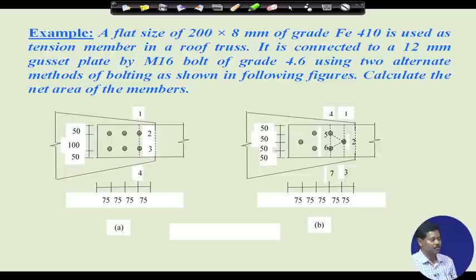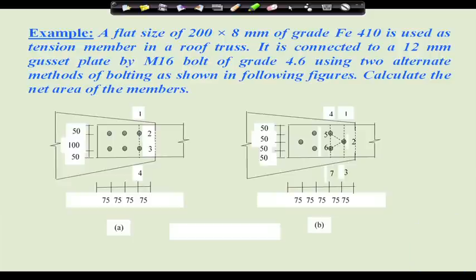It is connected to a 12 mm gusset plate by M16 bolt, that means 16 mm diameter bolt of grade 4.6, using two alternate methods of bolting as shown in the following figure. Calculate the net area of the member.